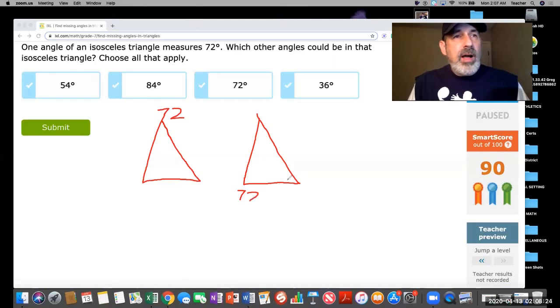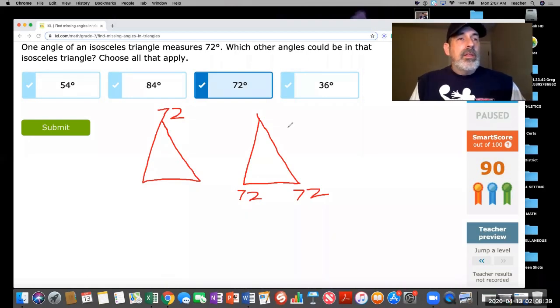So if it's the bottom, that means the other angle would also have to be 72. Okay, so I could have another 72. But then what's left? 72 plus 72 is 144. I have to subtract that from 180.